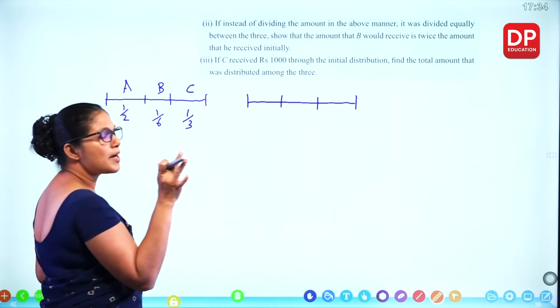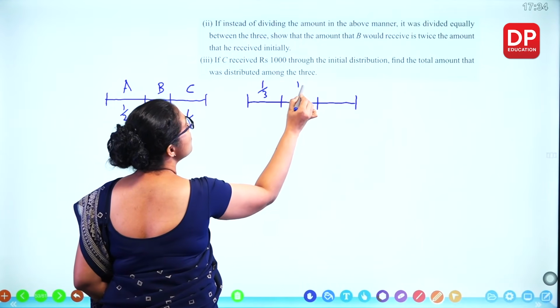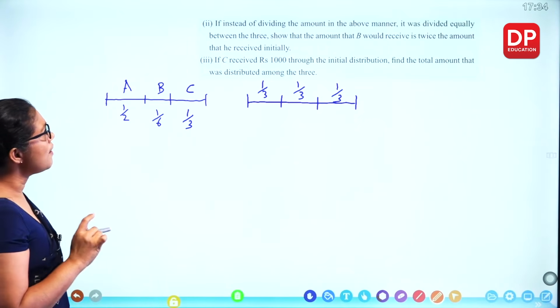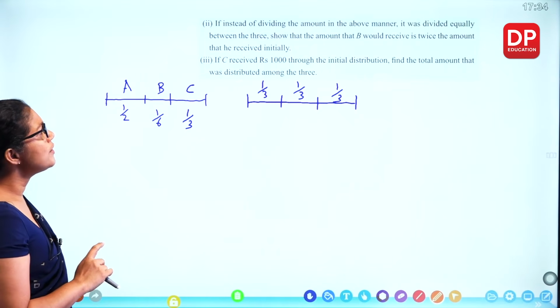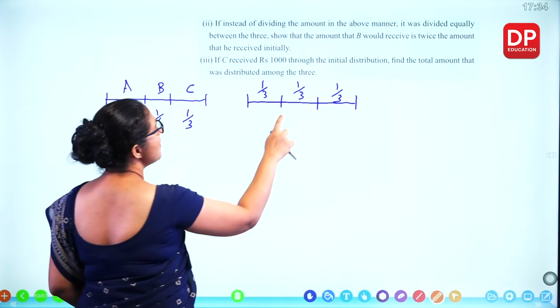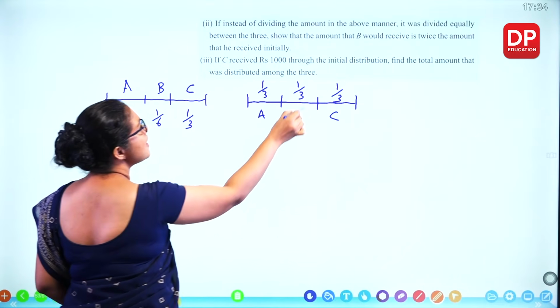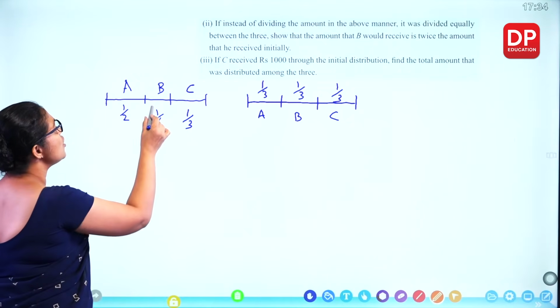You have to divide 1 part by 3. So that means each part should be 1/3. Now if this happens, they are asking to show that the amount that B would receive, so this is A, B, C, B would receive is twice the amount that he received initially.